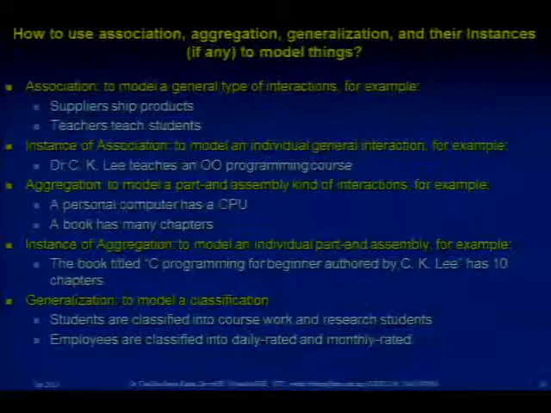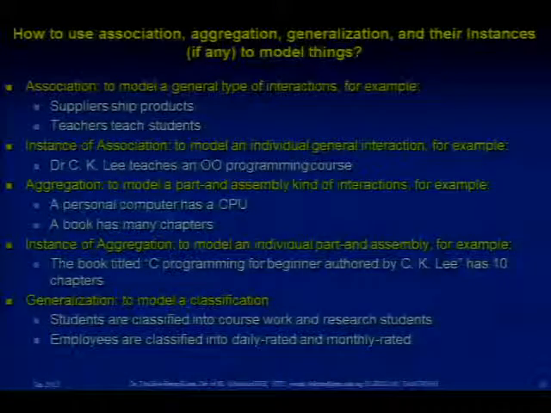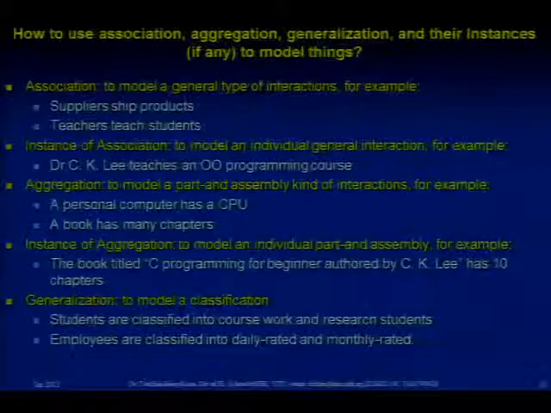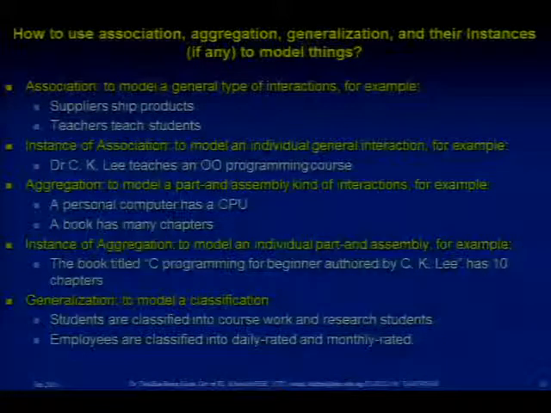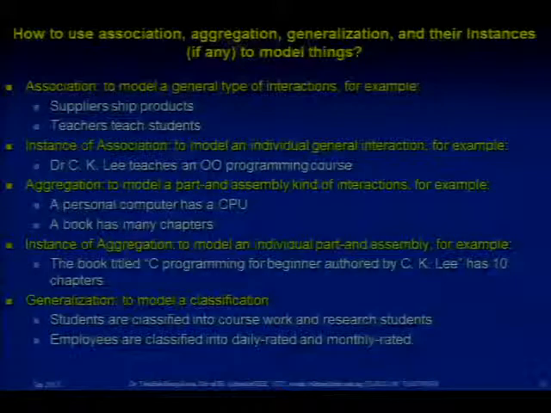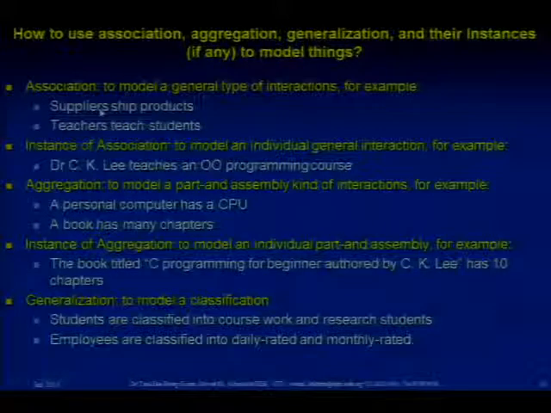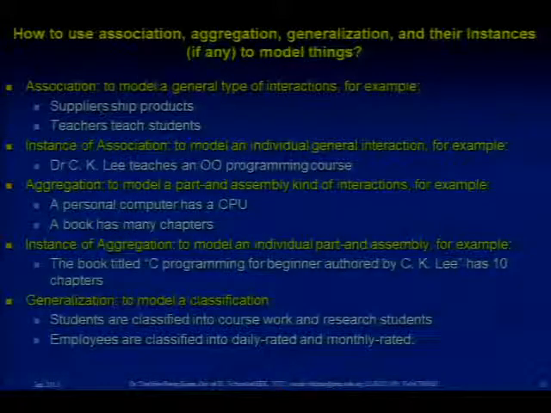The first one is association. The purpose of association is to represent a type of interaction. Here we have some examples listed down. I will leave it to you to go through.